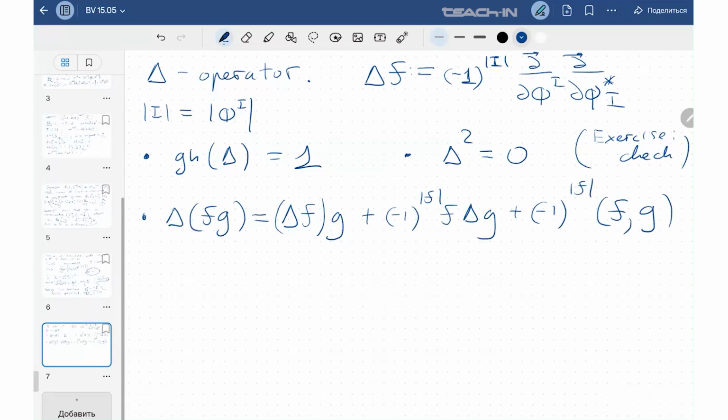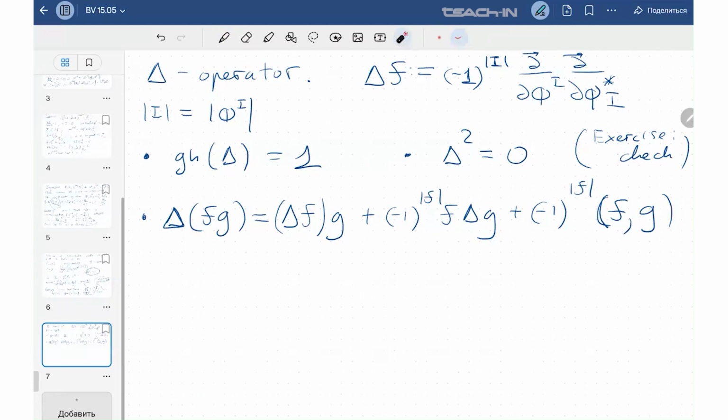You see, this delta operator is a very interesting object. It also knows the BV bracket, because you can define the BV bracket as a deviation from the Leibniz rule for delta. Because delta is second order, it doesn't satisfy the Leibniz rule, which means that in addition to this term and this term, there is an extra term. This discrepancy, this deviation, is the anti-bracket.